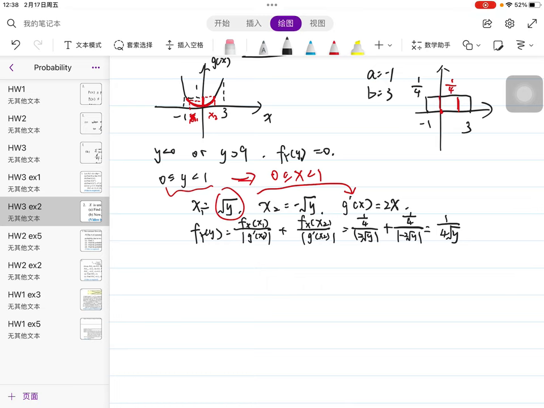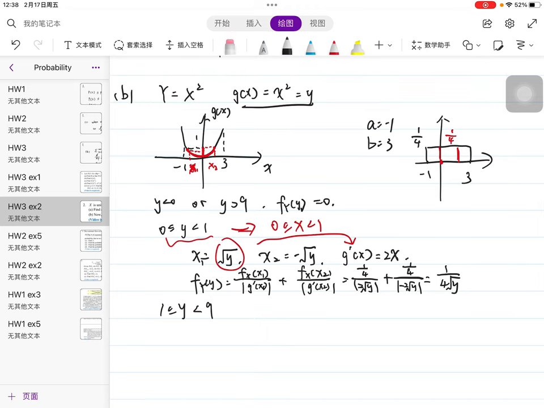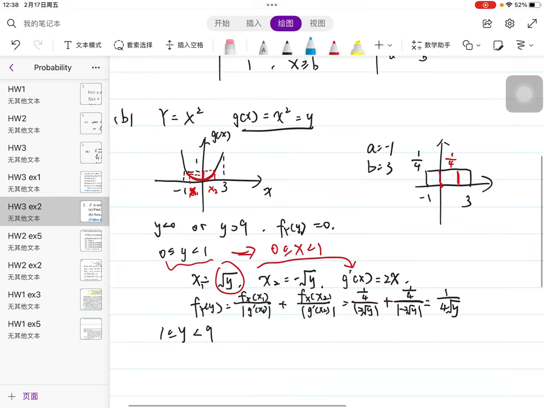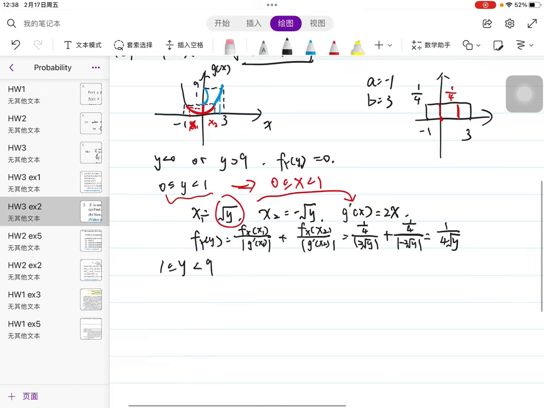Similarly, when y is between 1 and 9, sorry, this should be y, so here that is 9. We only have one root here. Here is 1, this part. So x should be this part, and this is the positive root.